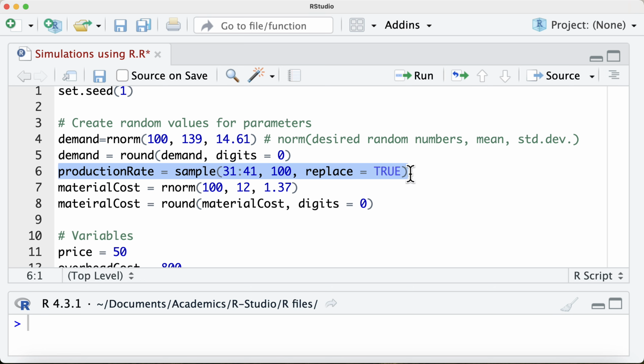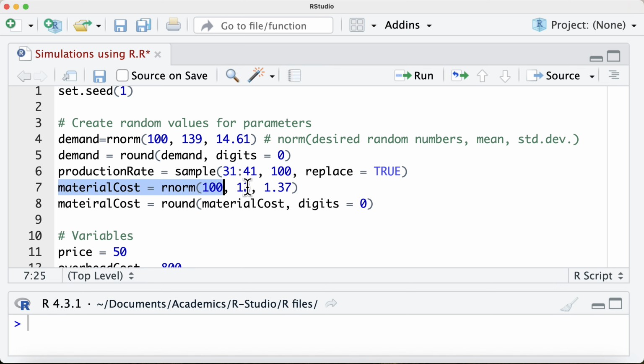So this command means that we want to generate 100 random numbers between 31 and 41, replace equals TRUE, which means if I generate a random number, suppose that random number turns out to be 35 in my first draw, for the second draw, I put it back and then I take a second draw. And every time I draw a sample, I will have to put it back before the next draw.